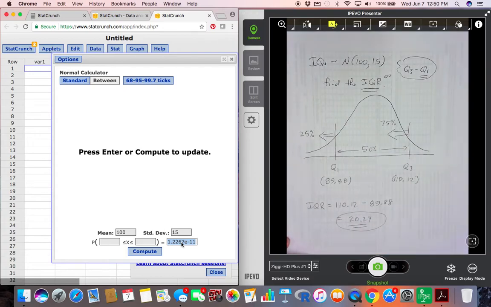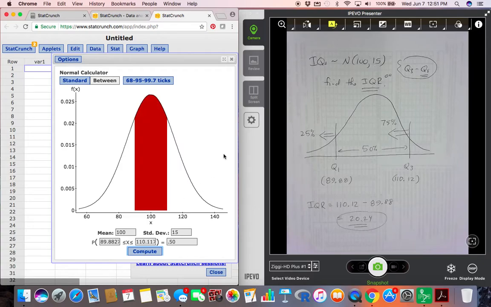Guys, that's the definition of the IQR, right? It's the range of the middle 50% of the data. So if I just come in and put 0.50 here, do you think that's going to work? Sure does. Finds the middle 50%, doesn't it? So I can use the between in one step, or I can use the standard in two steps like I did before. I think this is easier. Well, I don't think it is. I know it's easier.